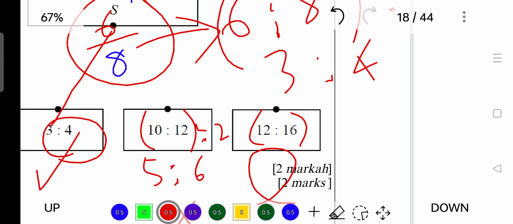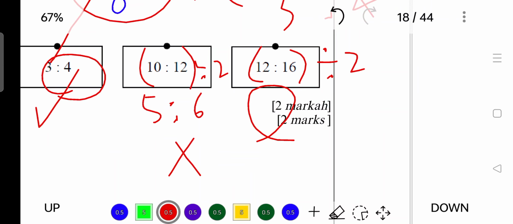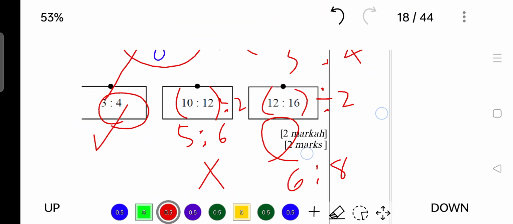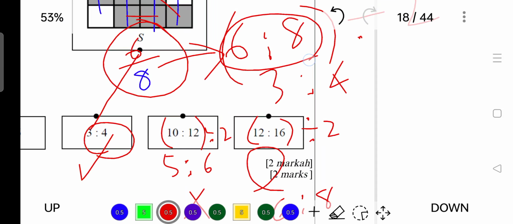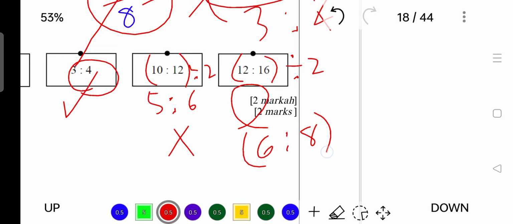And how about this? 12 ab/c 16. I do it manually. You can just press your calculator because there is no working method needed in part B here. The answer I get is 6 to 8, right? I get 6 to 8, the original number. Or if I go further by 2 again, or if I don't want to do it like this, I straight away in the beginning just divide it by 4.